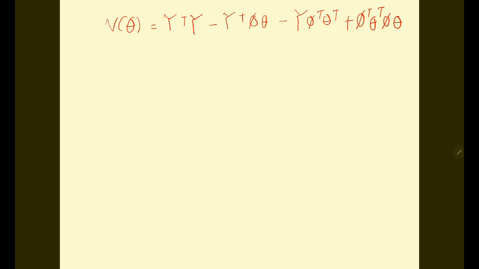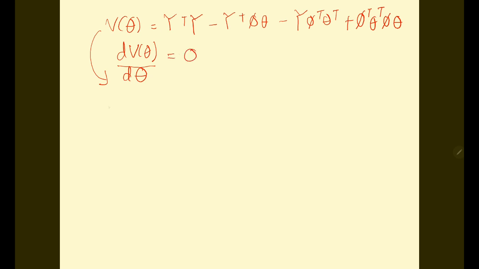Okay, so now we will differentiate this V theta with respect to theta and make that equation equal to 0.